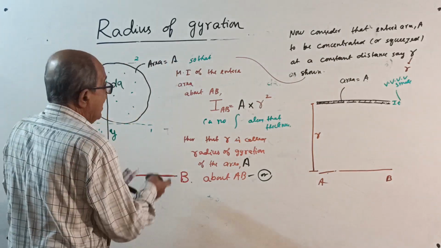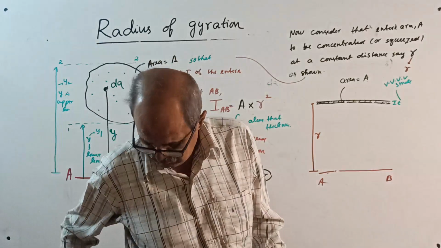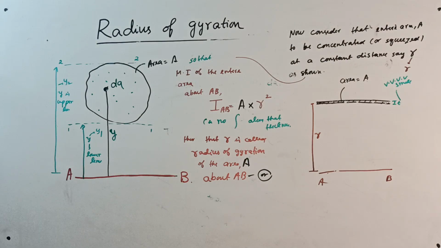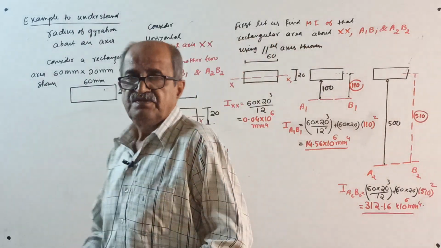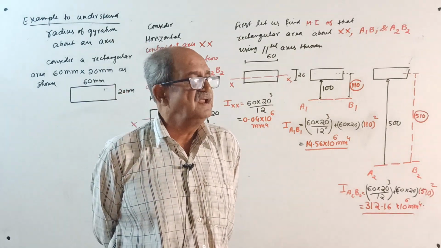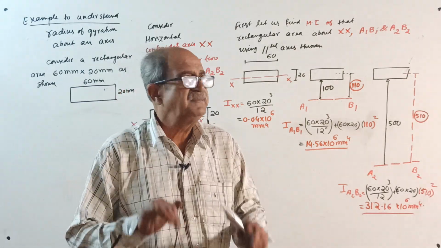Okay, now I will go to the second part to explain more. See, I just explained what is radius of gyration. Still I have not given the expression and definition. Wait for some time.